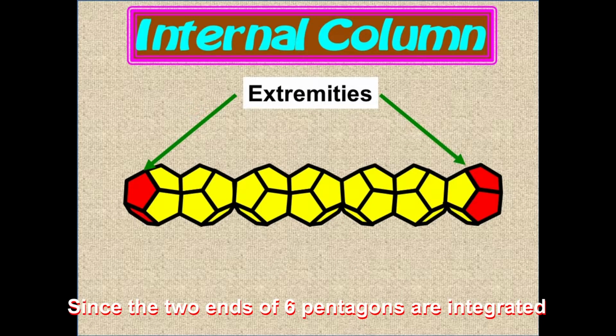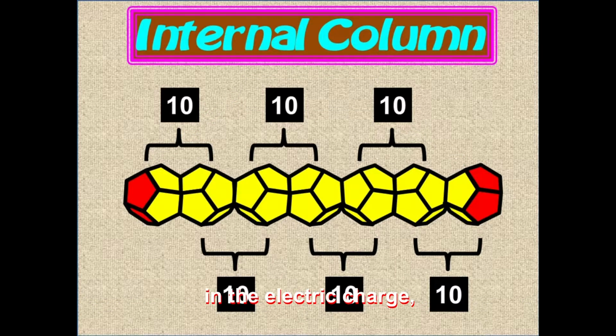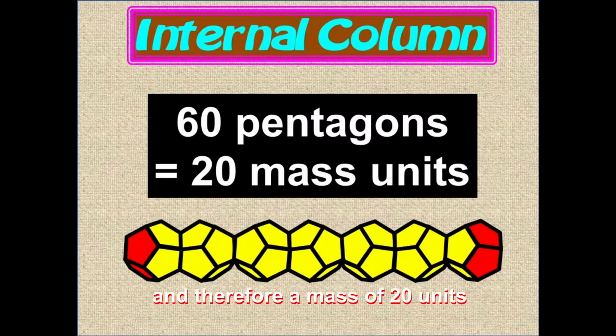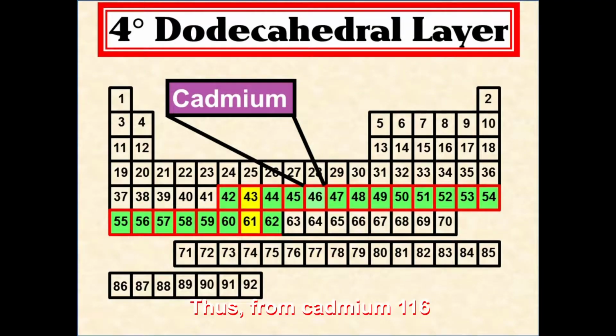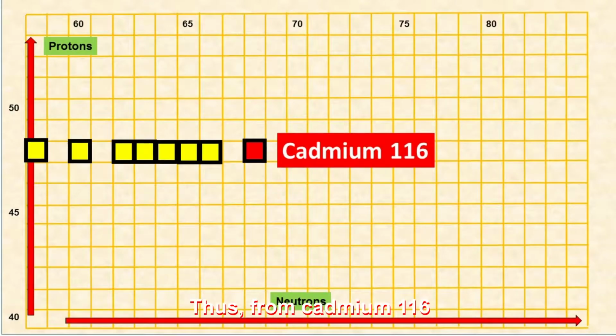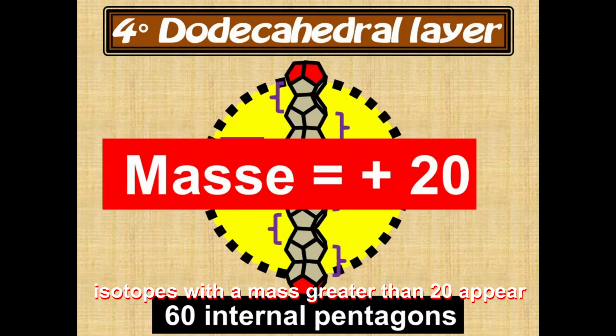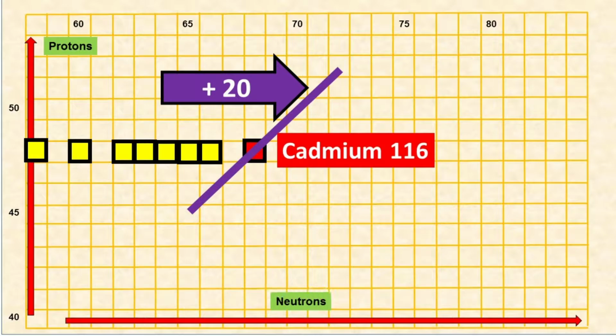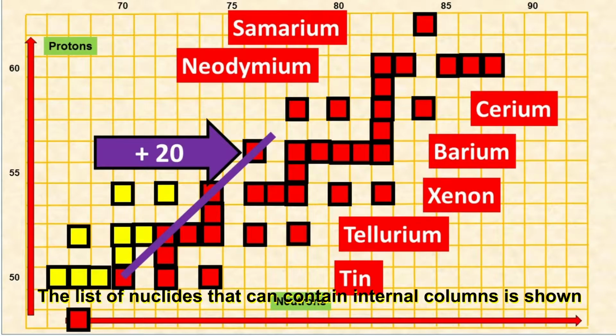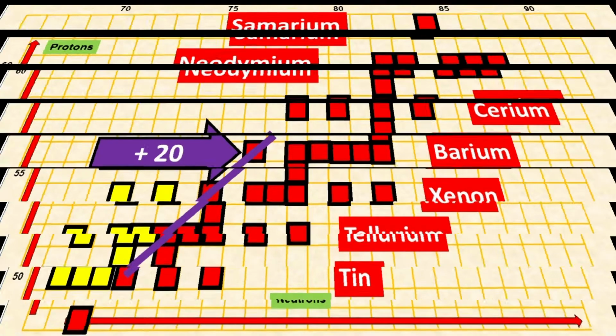Since the 2 ends of 6 pentagons are integrated in the electric charge, there remain 60 internal pentagons, and therefore a mass of 20 units. Thus, from cadmium-116, isotopes with a mass greater than 20 appear, especially in the heaviest. The list of nuclides that can contain internal columns is shown.